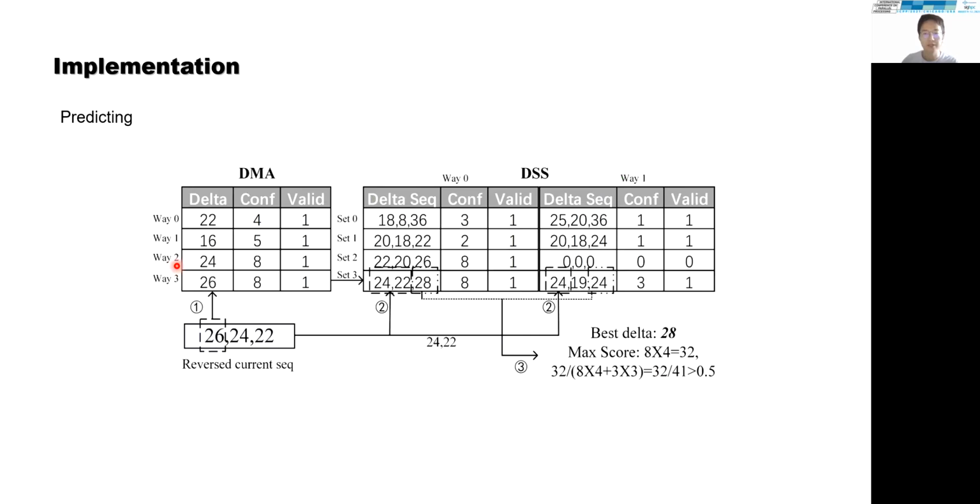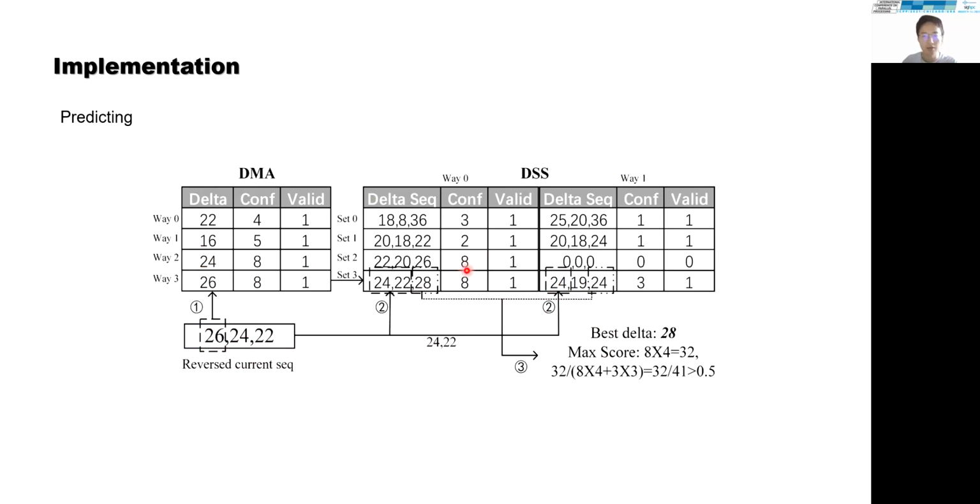The prefetching phase is also divided into 3 steps. First, the current delta sequence 26, 24, 22 is assembled with records. The newest delta 26 is used as the signature to locate the entry in DMA. Second, delta 26 hits in weight 3, then 24, 22, and 24 are used to match the corresponding prefixes of the records in set 3 of DSS, as shown in the figure.